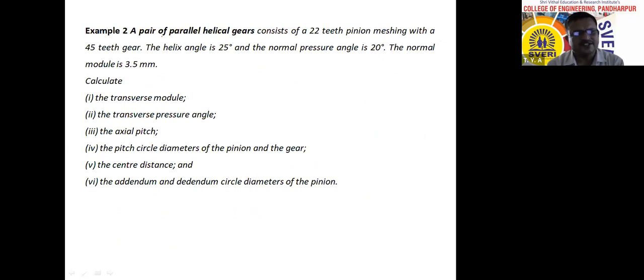I think problem is same, only values are changed. The helix angle is 25 degree and the normal pressure angle is 20 degree. The normal module is 3.5 mm. Calculate first the transverse module, that is m value.